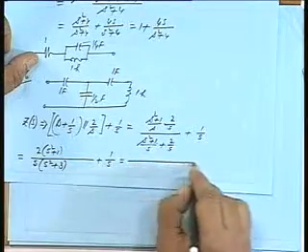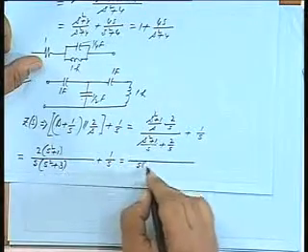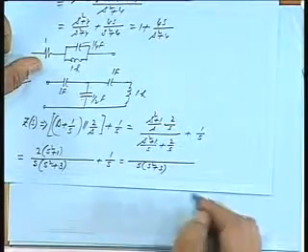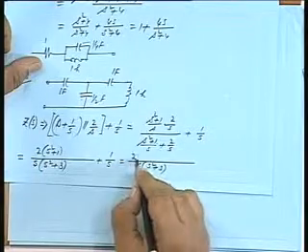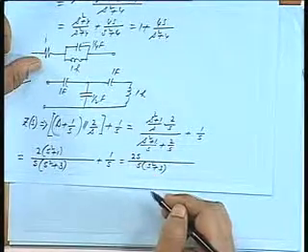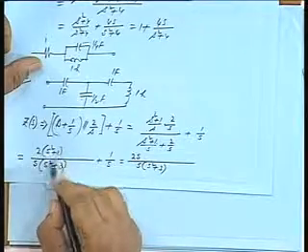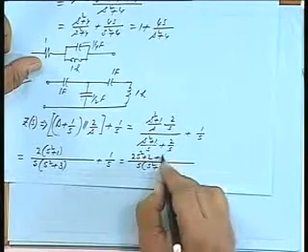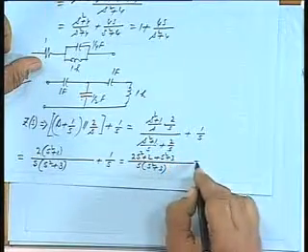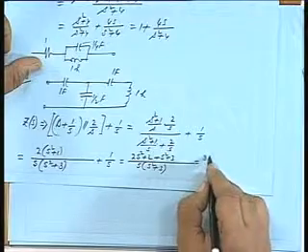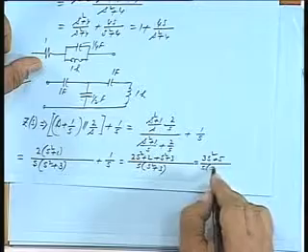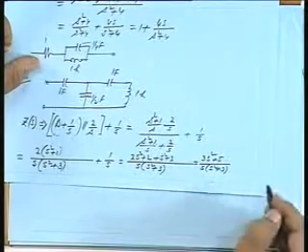So how much is this? s into (s squared plus 3), 2s squared plus 2 plus s squared plus 3, so that gives me (3s squared plus 5) divided by s into (s squared plus 3). Okay. So what will be the canonic form?